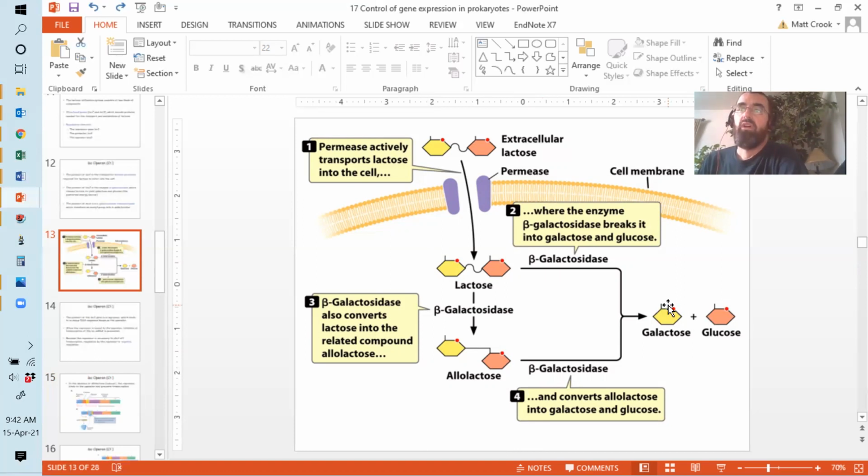And so all of the control of the lac operon is around making the most of those three different conditions. And so the most clear condition is lactose present or not? If no lactose is present, there's no point doing all of this, right? It's just a whole bunch of energy wasted and resources used when they can't be put to use.